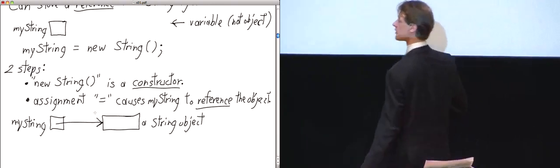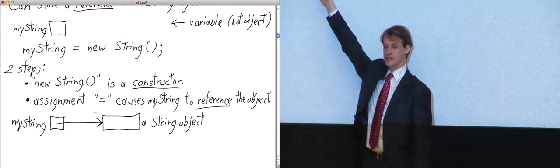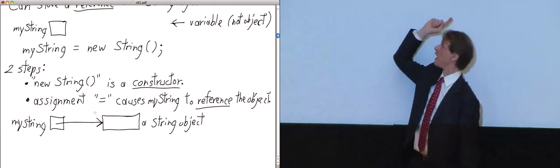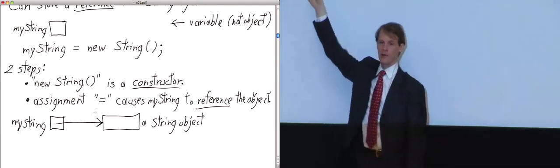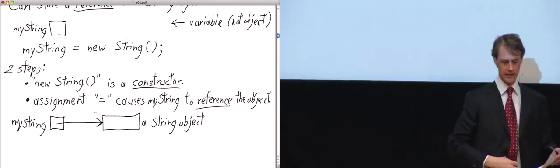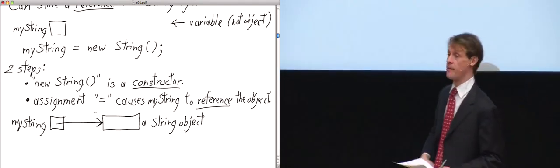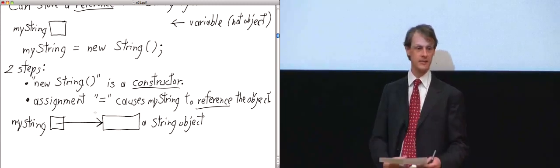The way I'm going to draw that is an arrow that starts in the box and points to the object. This is my way of saying I have stored in this variable a reference that points to that object. Basically, it's the memory address of that object, sort of. I'll tell you what it really is at the end of the semester.